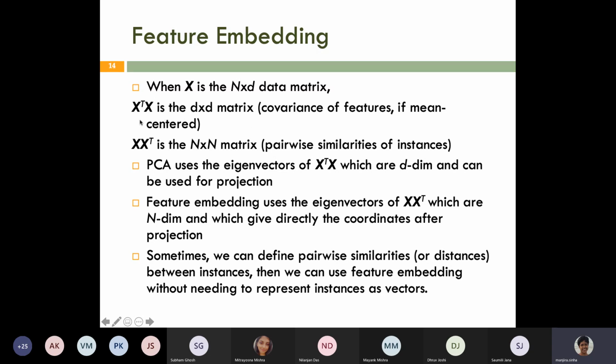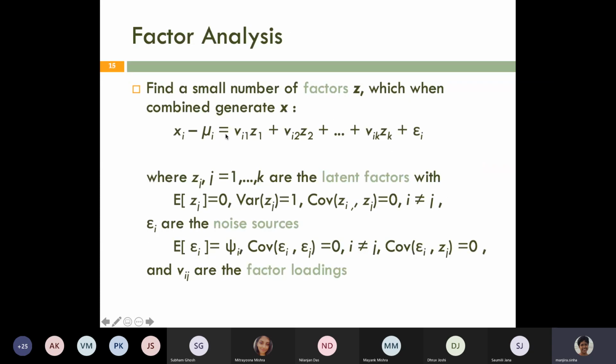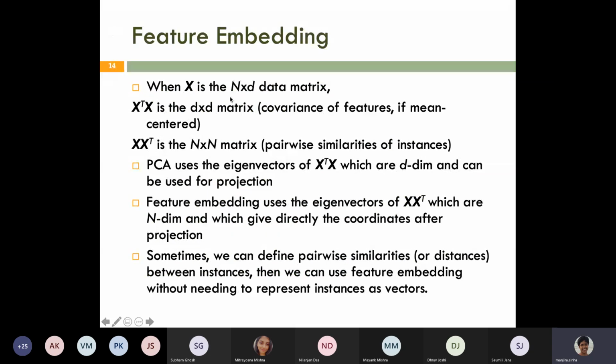We said we are extracting the eigenvectors of the variance of the X matrix, which is actually X transpose X, a D cross D matrix representing the covariance of features if the mean is centered. Okay. By D cross D, if X is n cross D, X transpose is D cross n, so D cross n into n cross D will be a D cross D matrix. So PCA actually uses the eigenvectors of the D cross D matrix for projection in a lower dimensional space.